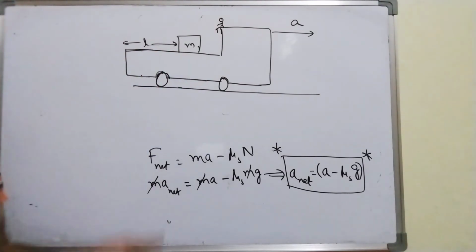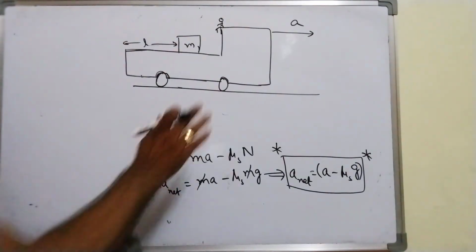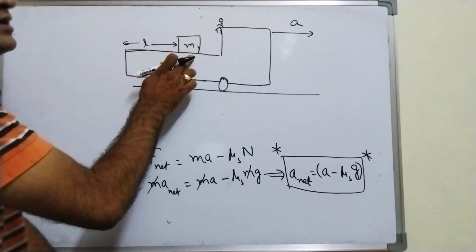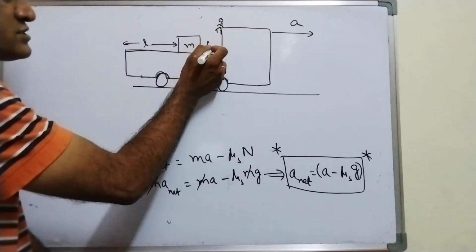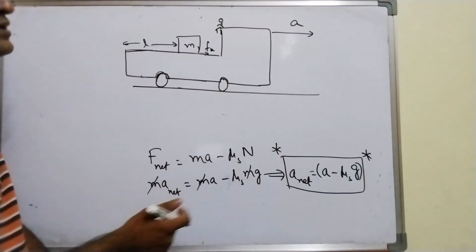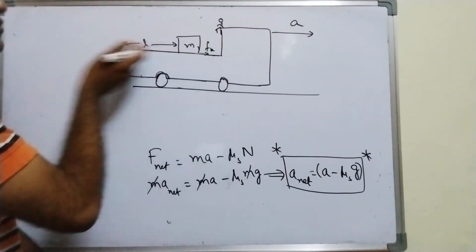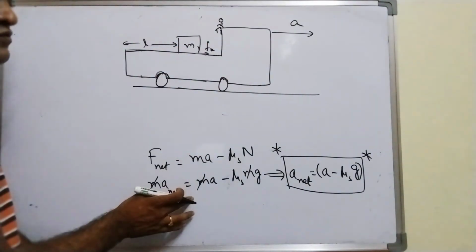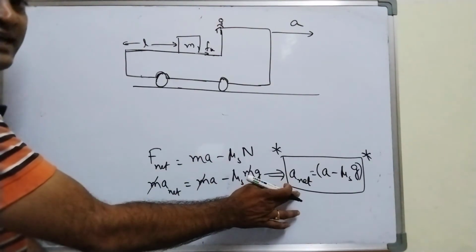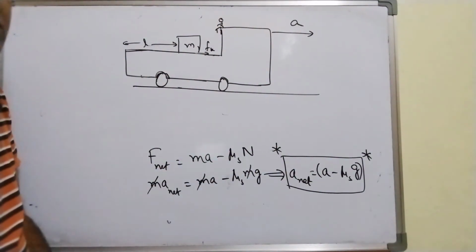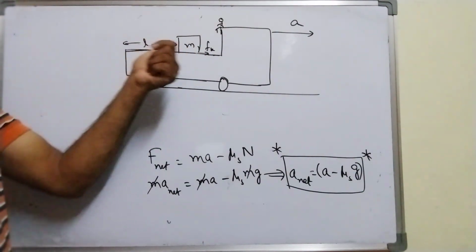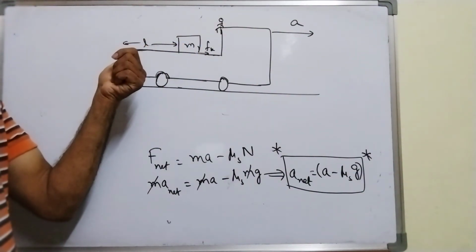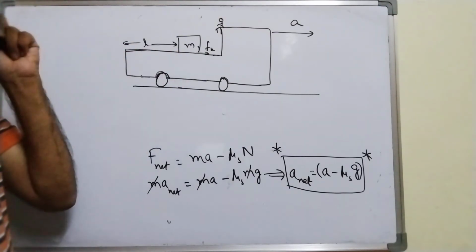When the truck is moving towards the right side, if the pseudo force ma is greater than the frictional force, the frictional force will act. Just now we found the net force and the net acceleration. Using this relation, if the distance travelled by the block is L, in what time will it fall down?